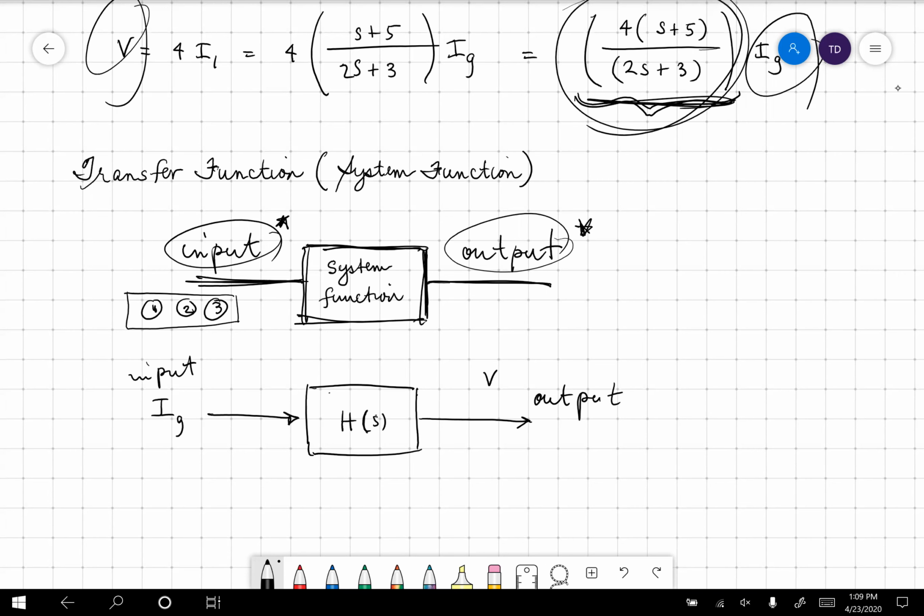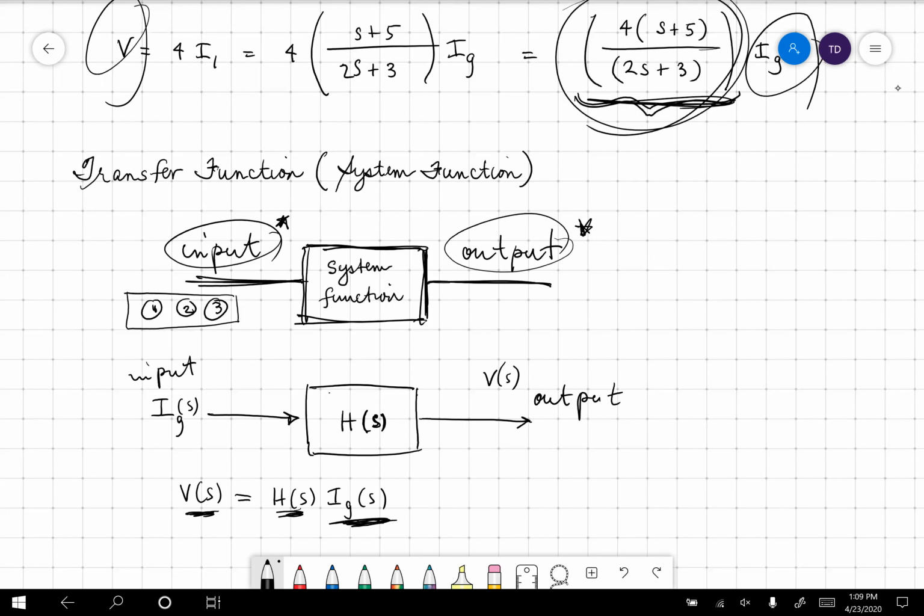And what we know through our work in circuit theory is that in the frequency domain, V of S is equal to H of S times IG of S. And that's what we just saw. The output is always the input multiplied by this system function.